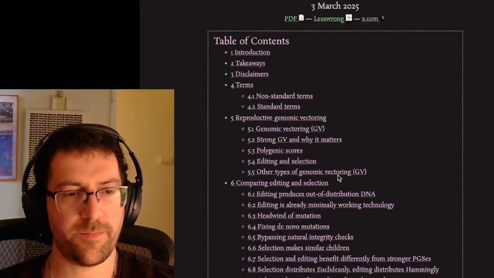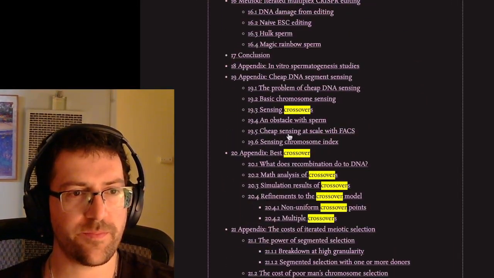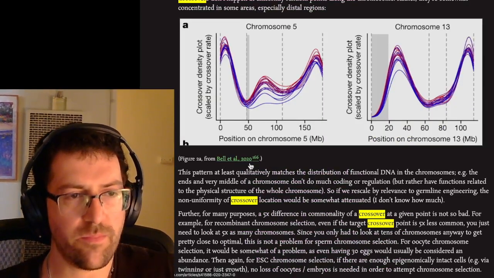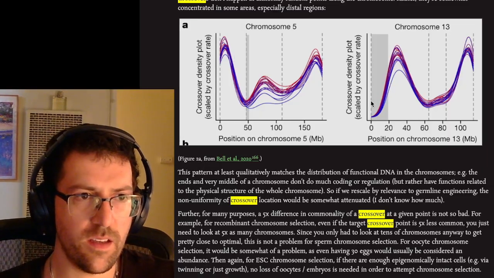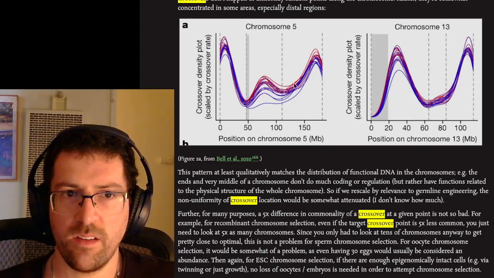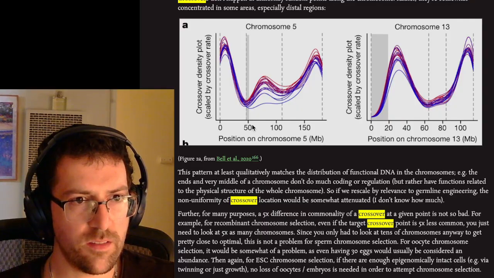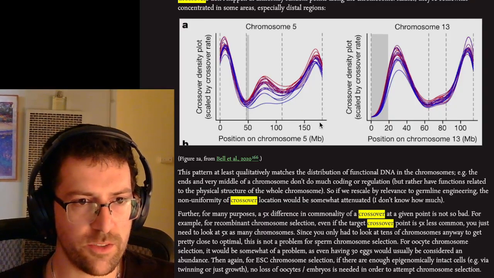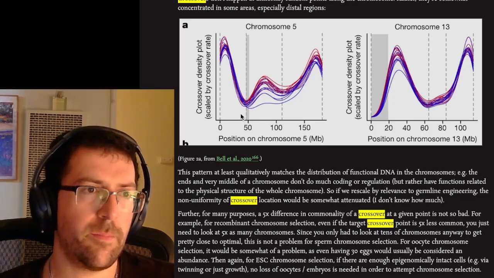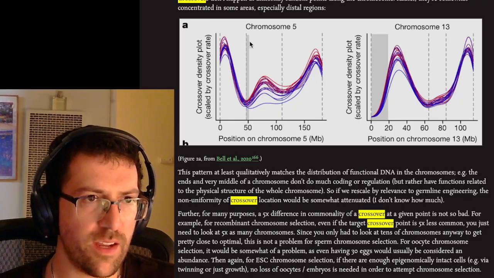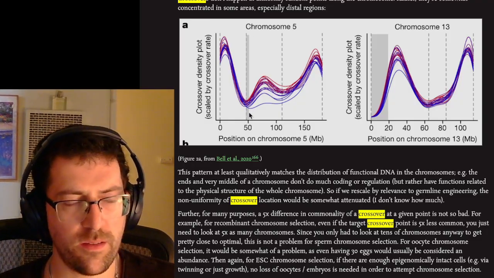We have a picture somewhere. Yeah, so this is from Bell et al. 2020. This is the position on the chromosome. This is a chromosome that's about 200 megabases, chromosome 5. I think the gray line might be the centromere. Don't quote me on that.